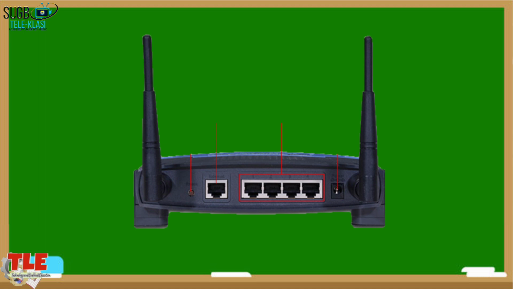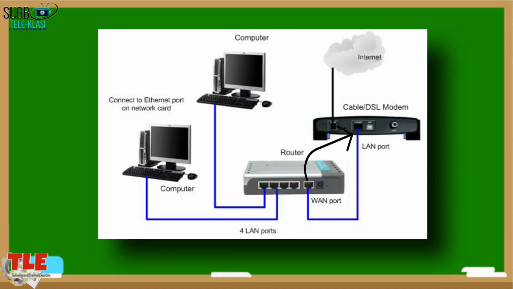Number of ports. Routers have two types of ports in the back, LAN ports and WAN ports. Your WAN port hooks up to your modem, which again is what connects to the internet, while the LAN ports hook up to your computers and other clients.